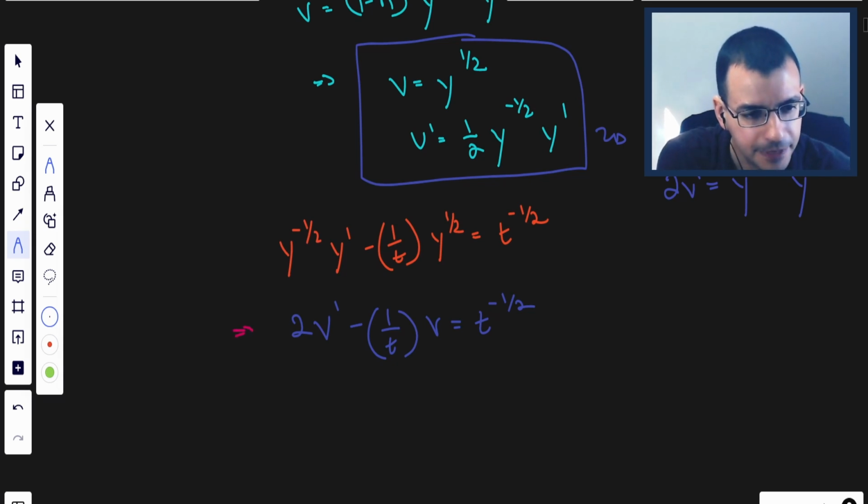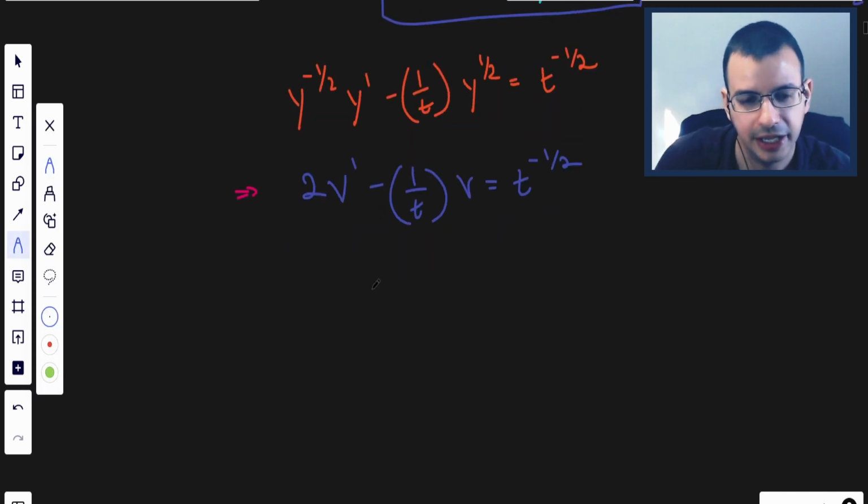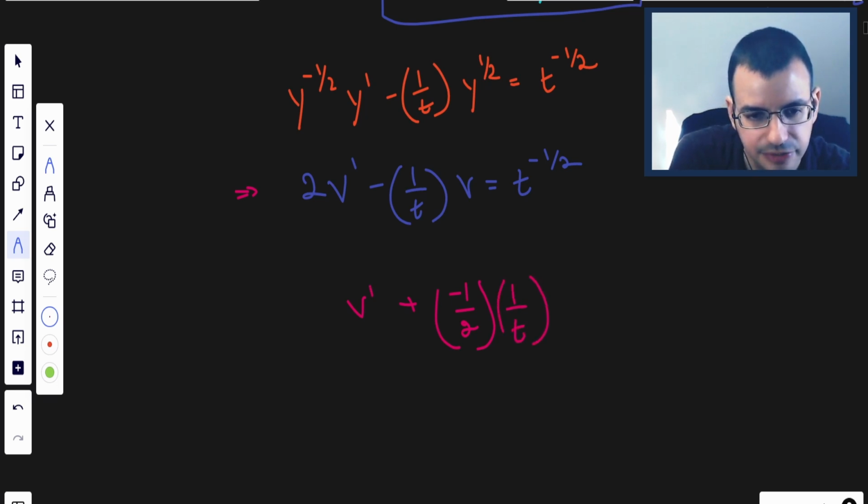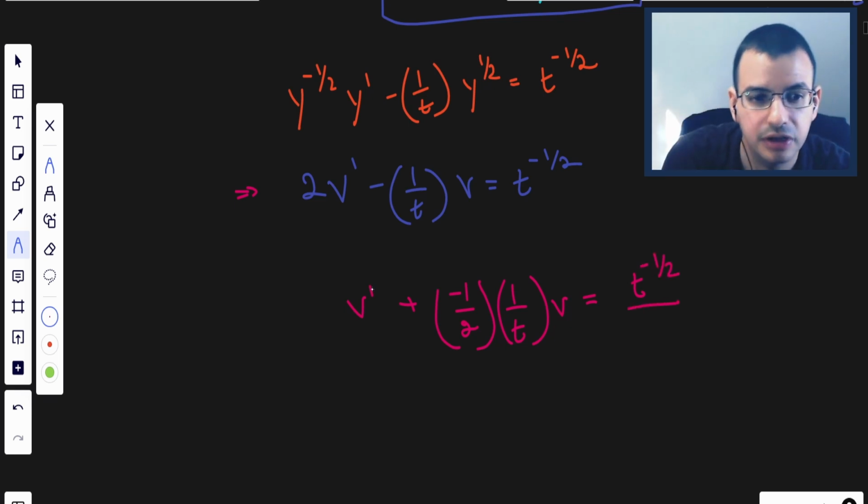Maybe red. So I'm going to divide everything by 2 just to put myself into my comfort zone. So I'm going to say that v prime equals 1 over... I'm going to say v prime plus negative 1/2, because negative 1 over 2, 1 over t, v equals t to the negative 1/2 over 2.